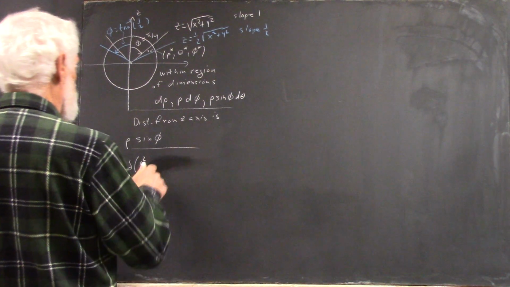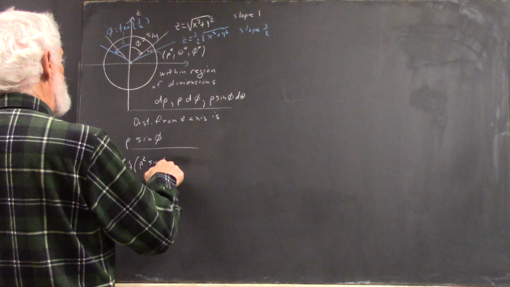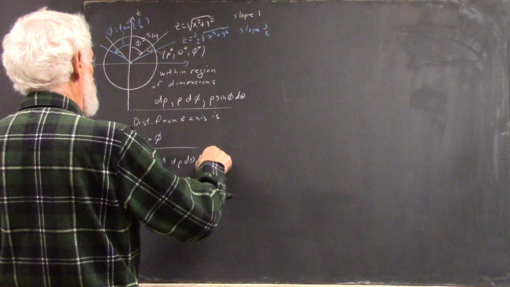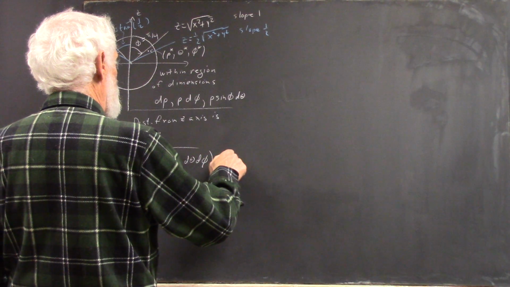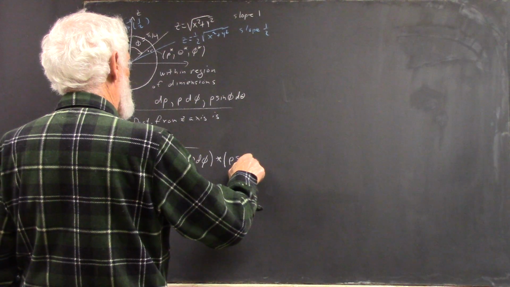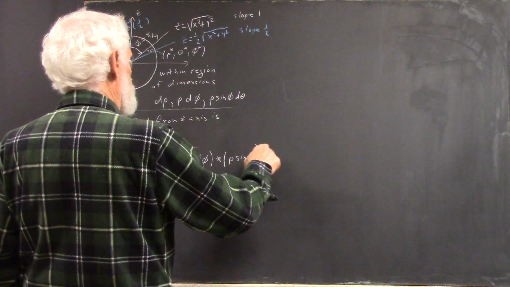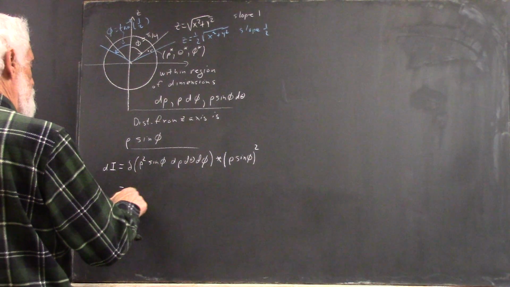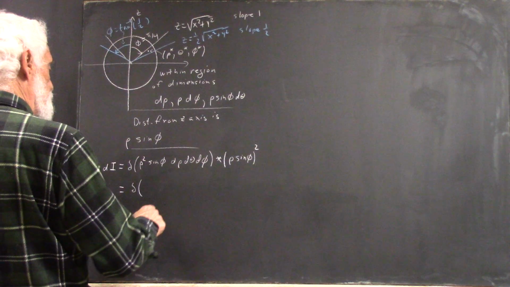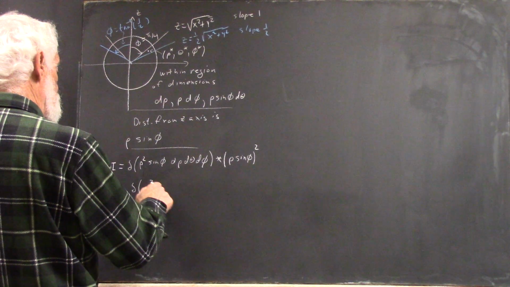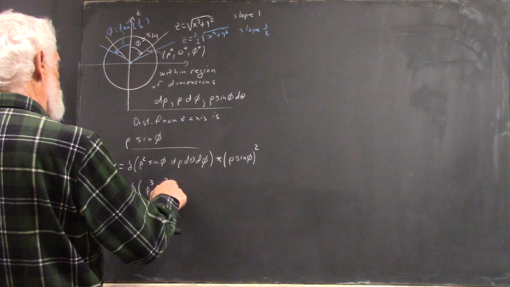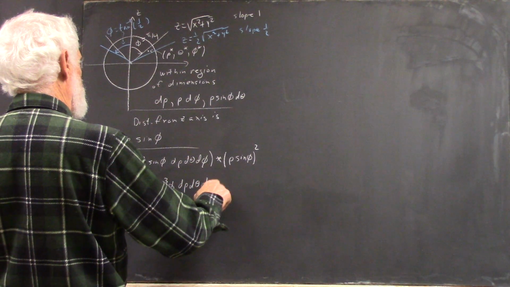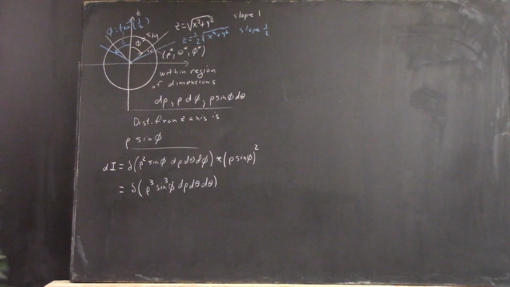So the rho squared sine phi d rho d theta d phi times rho sine phi squared, which is then going to be density times rho cubed sine cubed phi d rho d theta d phi.